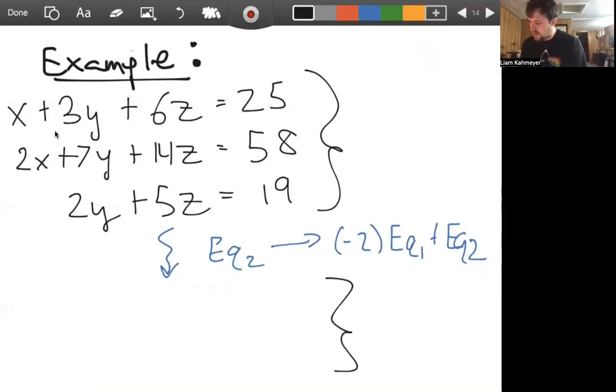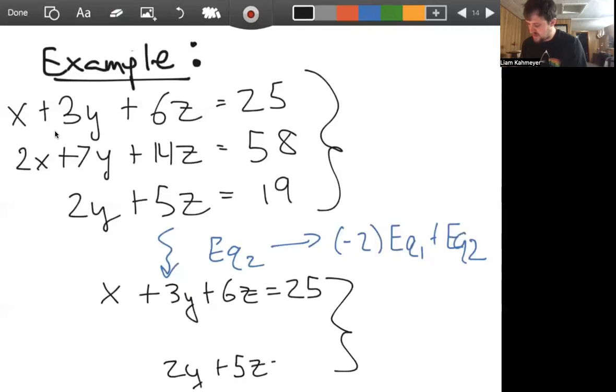Now equation 1 and equation 3 are not changing, right? So we can just say x plus 3y plus 6z equals 25. That stays the same. And then the third equation is 2y plus 5z equals 19. This equation 3 is unchanged as well. Then what did we do with equation 2?